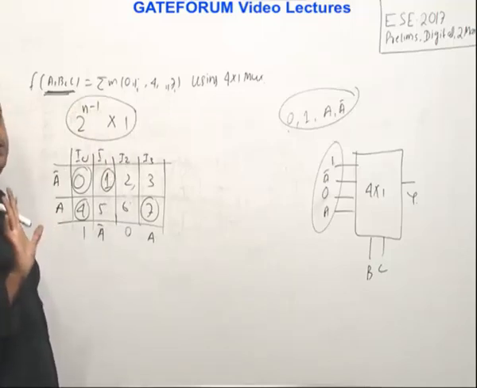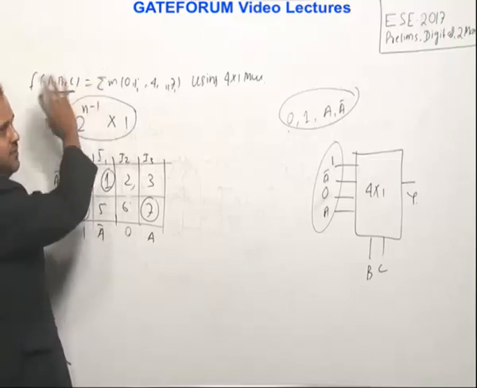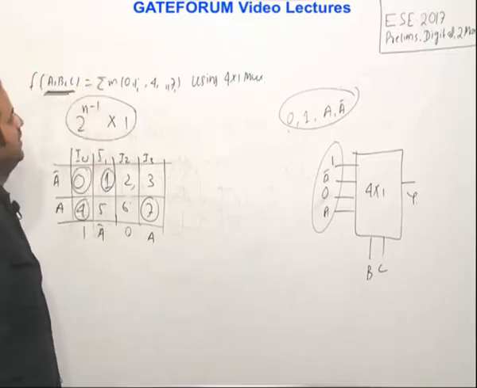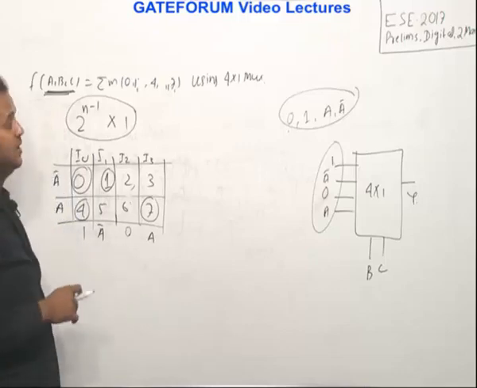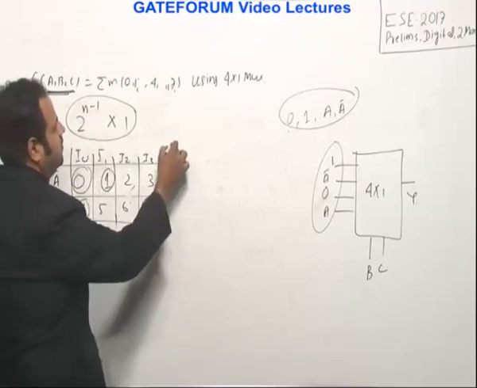So if you have the NOT gate, then any n Boolean variable function, you can implement that by a multiplexer of structure 2 raised to power n minus 1 cross 1. So in this case, because n equal to 3 number of variables, if I put here 3, it is 4 cross 1 mux.